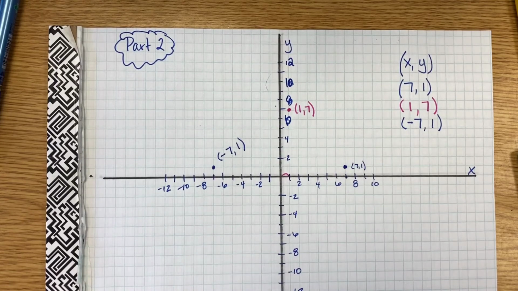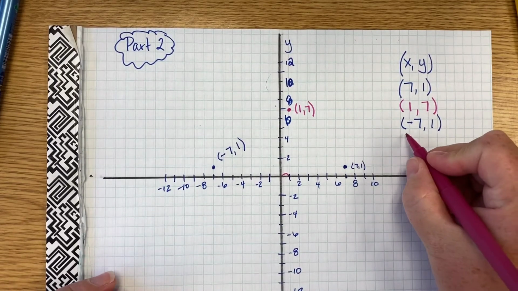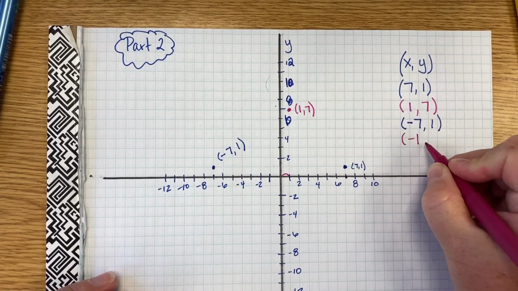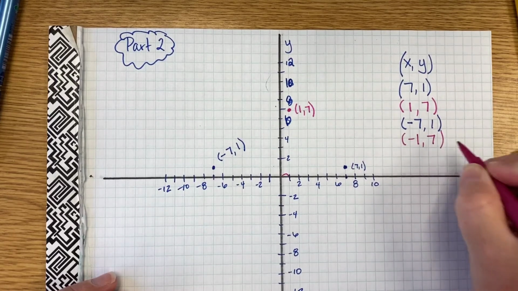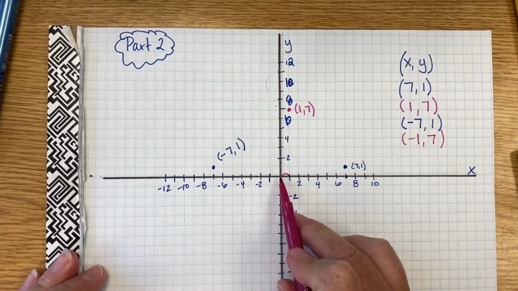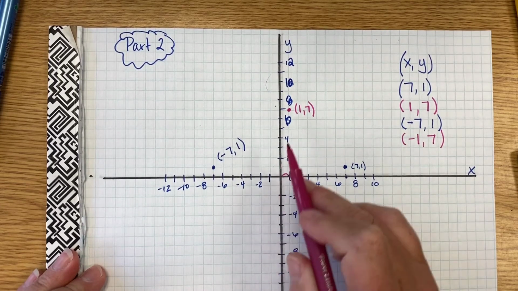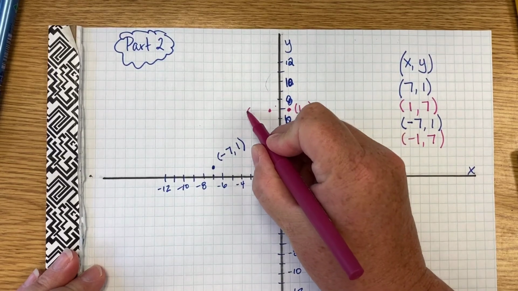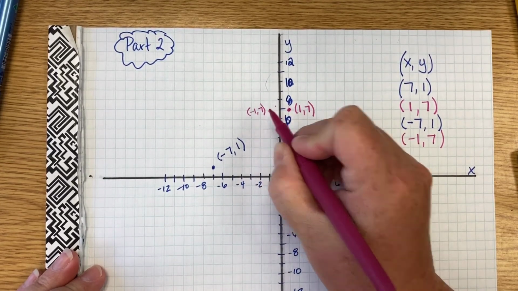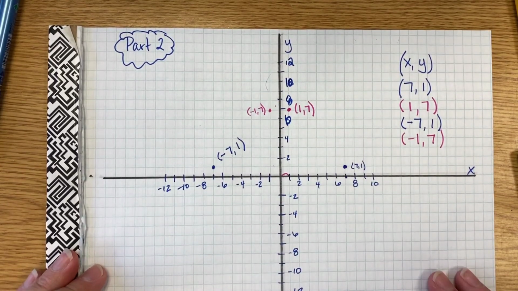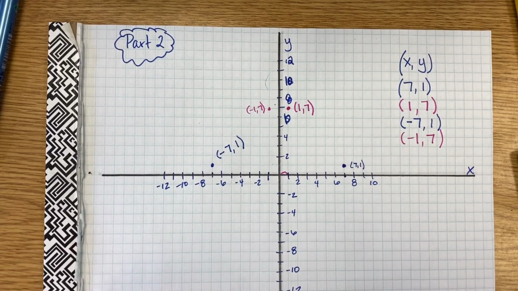Okay. I could also do a negative 1, 7. And so that means I'm going to go to the left 1 because it's a negative 1, and I'm going to go up 7. So look at how that matches that one. So it's like they're all related, but just a little bit different.